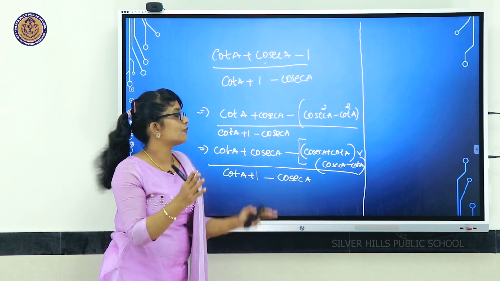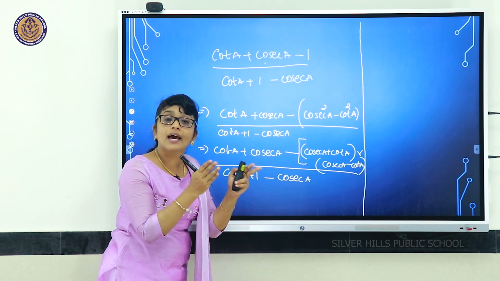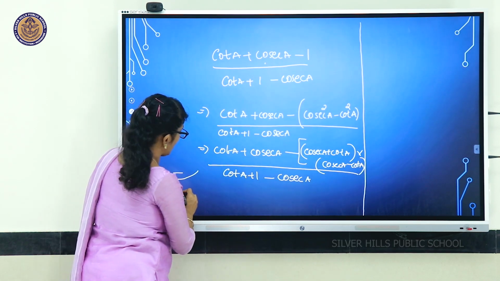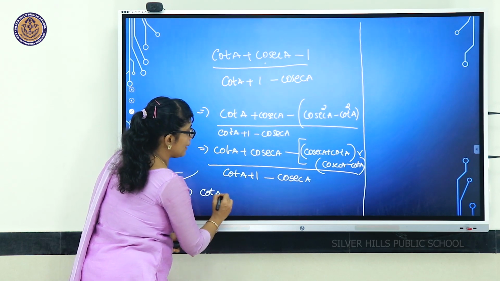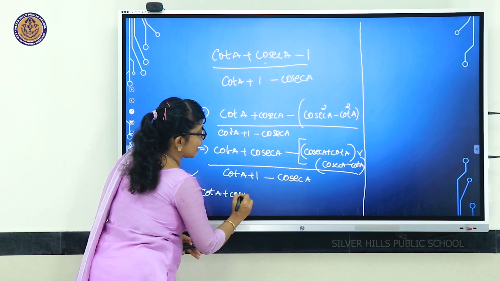Two terms. From the two terms we can take common outside. What is common here? Cot A plus cosec A.